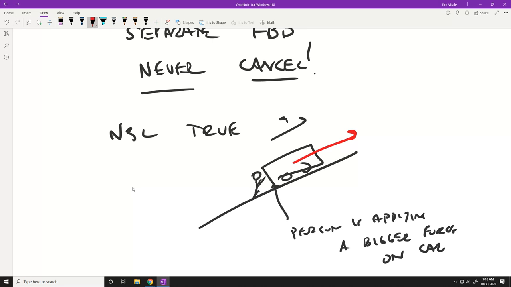Because they have to be accelerating, right? So the person's pushing with a force like this, and the car might be pushing like that, but it's not big enough. No, that's not true. The car pushes back with an equal force to what the person pushes on the car. It's always true, no matter what.